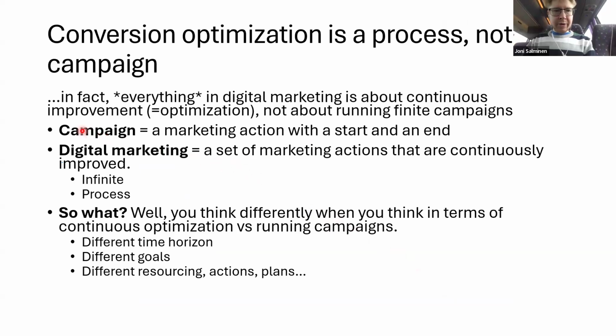And yeah, I mentioned earlier about optimization, and this is actually a good way of thinking about digital marketing as a whole. It's that digital marketing is really not about campaigns, but it's about this idea of continuous improvement, so optimization.